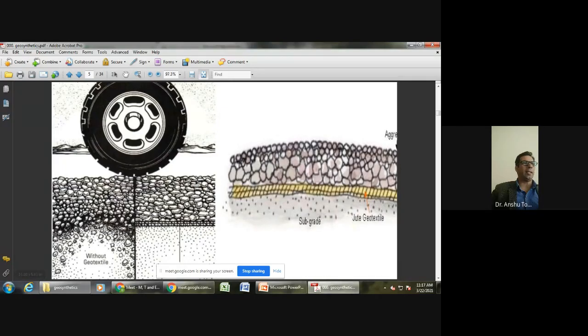So you can see this is a condition without geotextile, how the behavior is going to be under the same conditions, and when you have a geotextile here, what is going to be the difference in the pressure distribution to the subgrade. Now this geotextile has made the stress distribution somehow even in this particular range.